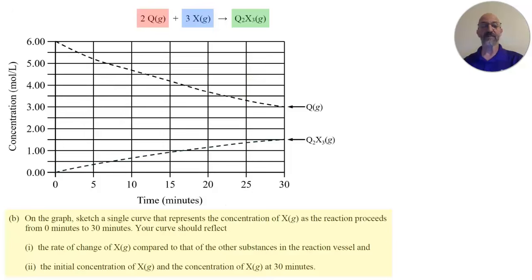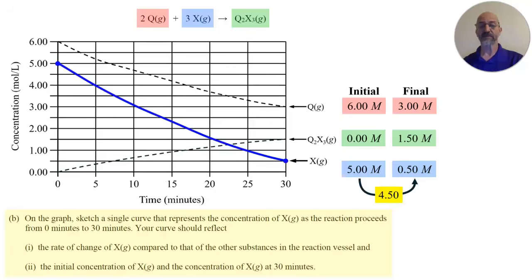So on the graph, sketch a single curve that represents the concentration of X as the reaction proceeds from 0 minutes to 30 minutes. Your curve should reflect the rate of change of X as compared to that of the other substances in the reaction vessel, and the initial concentration of X, and the concentration of X at 30 minutes.